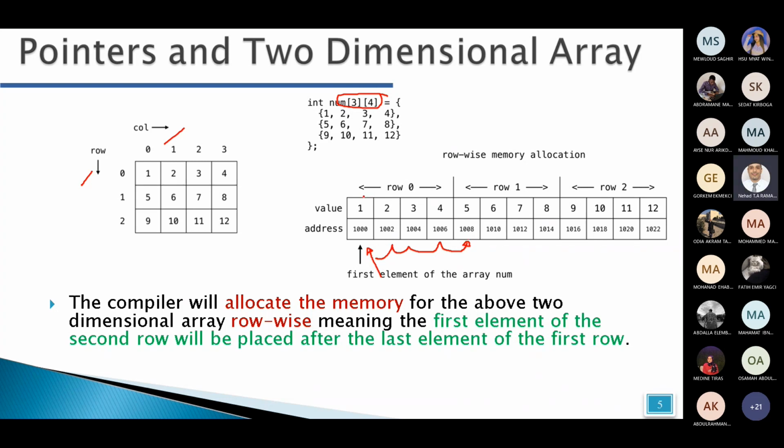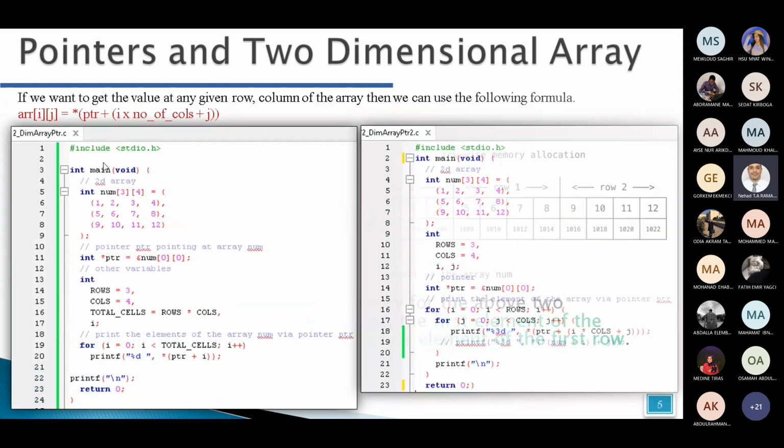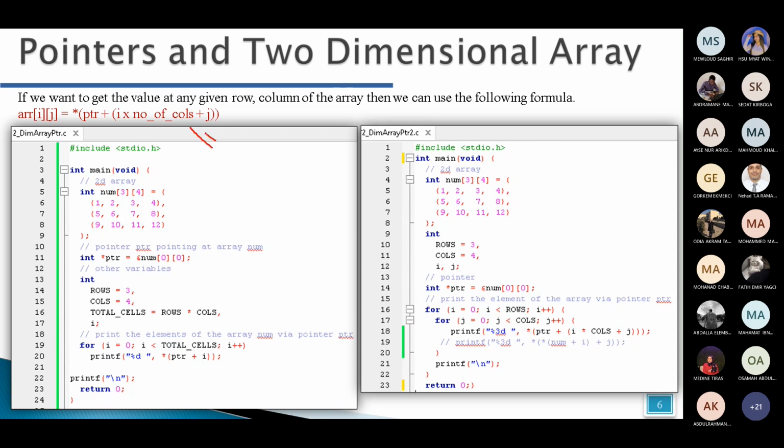It comes after finishing row 0 or row 1, row 0, and so on. So the index of this element 5, to get it, we have this rule, or this expression.